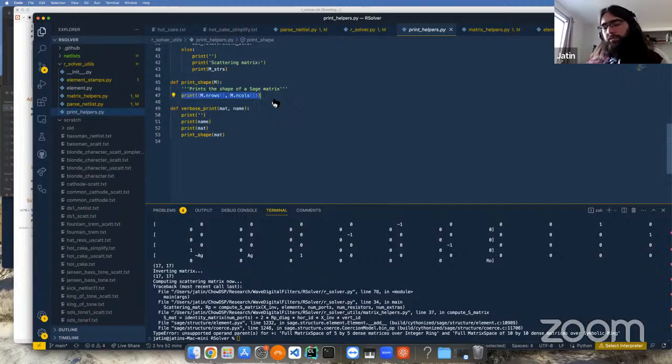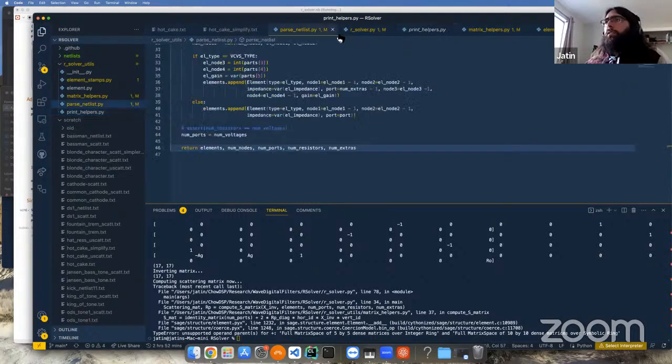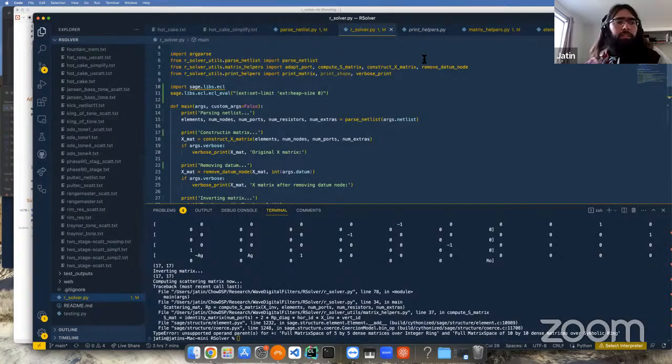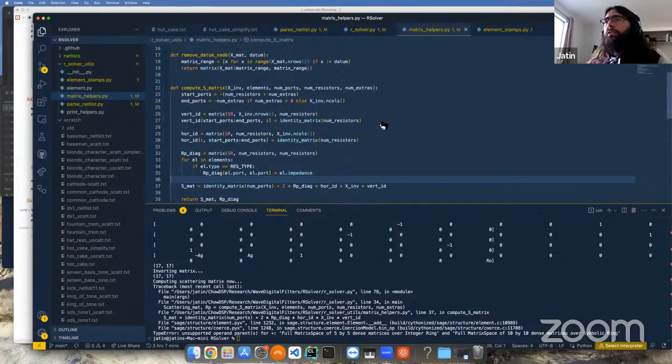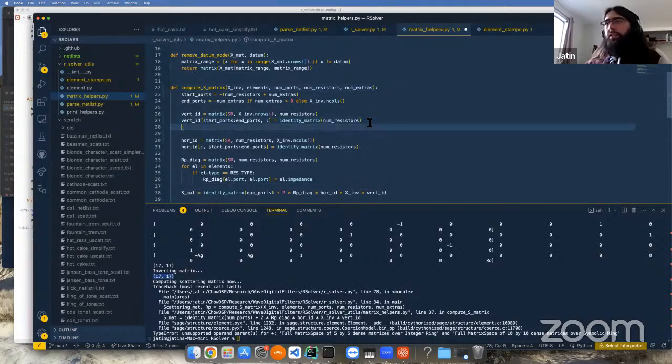Okay, something like this. So let's see if I can print the dimensions of these things. So X inverse should be 17 by 17. We already know that.